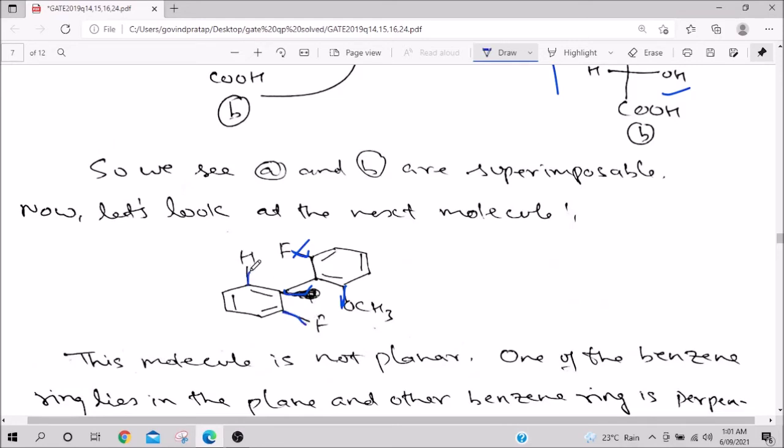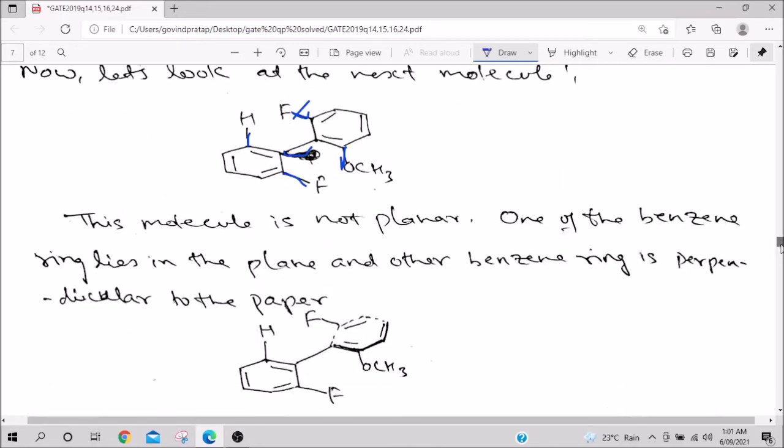In that case, it would have been definitely optically active, and it would have been a concept called atropisomerism. Atropisomerism means rotation is hindered due to steric hindrance of the substituents and then optical activity is seen. But here such a thing is not there, so therefore, it is optically inactive.